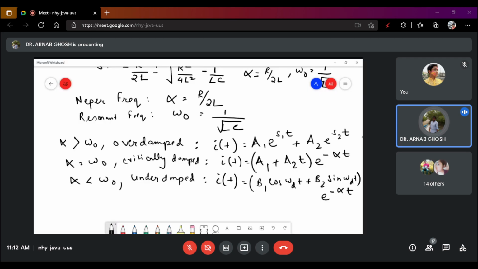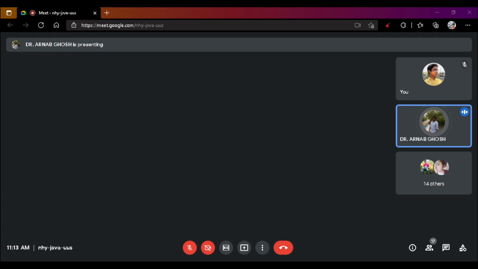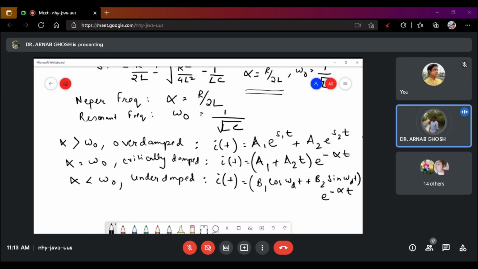What are the differences then? For parallel this was v(t), for series this has become i(t). And the only difference lies in the calculation of alpha. Alpha is equal to R by 2L. Rest, everything remains the same.